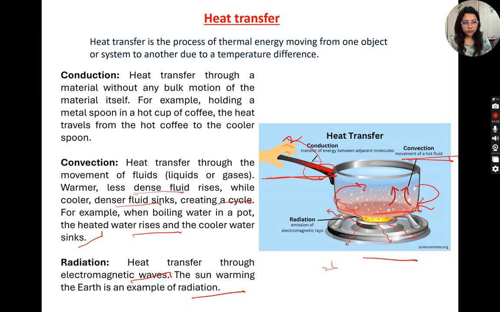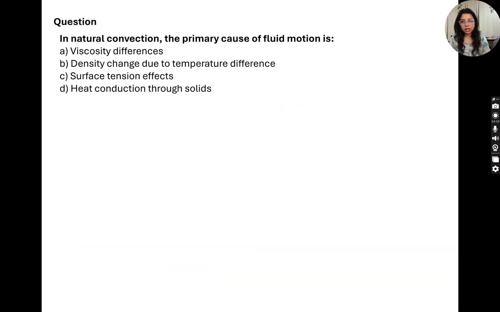The first question is: in natural convection, the primary cause of fluid motion is viscosity difference, density change due to temperature difference, surface tension effects, or heat conduction through solids.